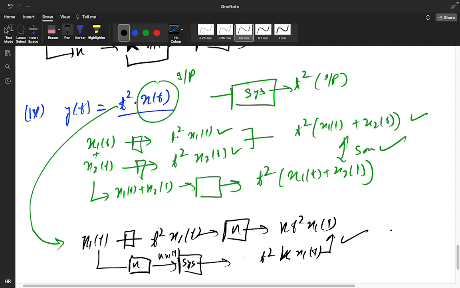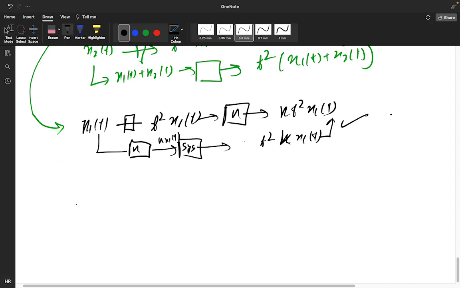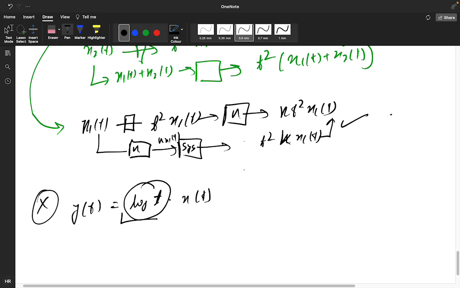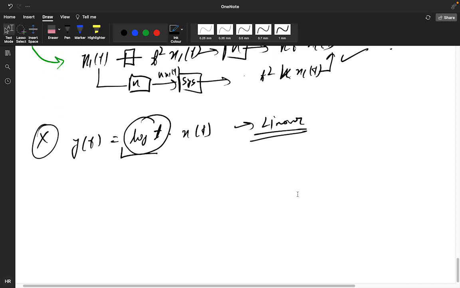Right. So this kind of system is linear only. Like y of t is equal to log t times x of t. This is what my system is doing: it's multiplied with log t only, whatever the input. So in the same way this will give you a linear result. Check by yourself, it will give you the linear result.